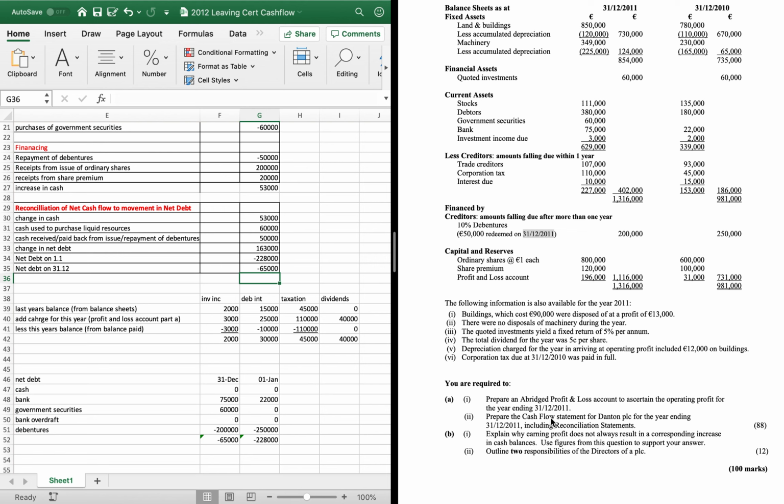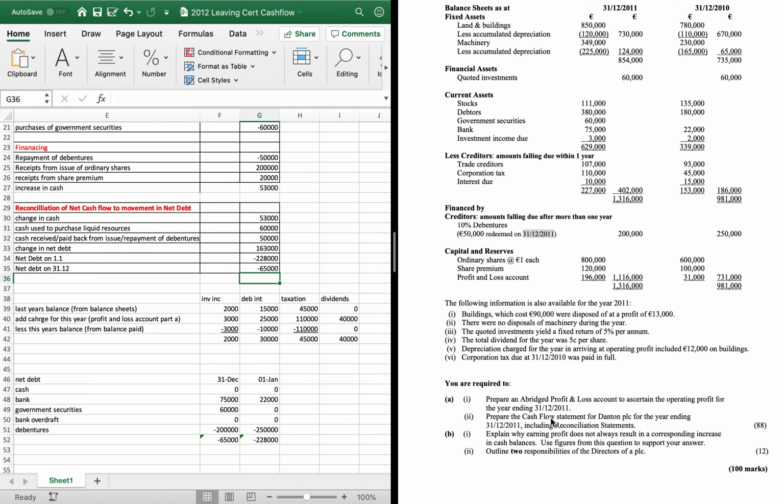Use figures from the question to support your answer. So profit includes the payment of some expenses which are non-cash expenses, or the earnings of some profits which are non-cash earnings. So they will change profit without changing your cash balance.